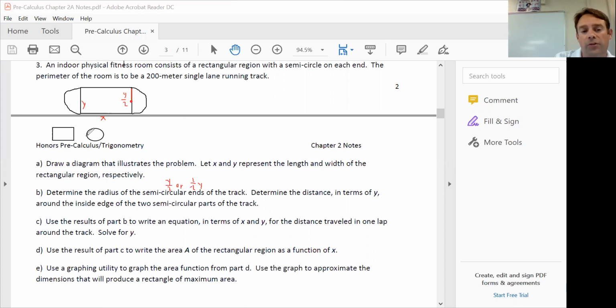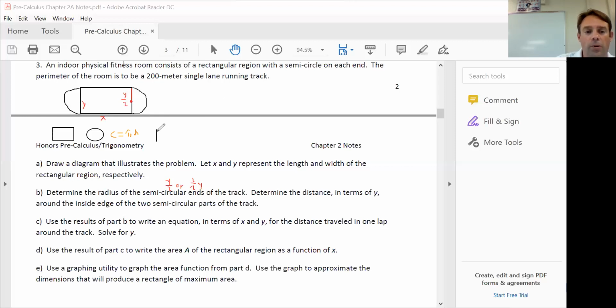The circumference of a circle is 2 pi r, otherwise known as pi times the diameter. Let me use that one instead. So my diameter is this y value. So my circumference of a semicircle is going to be half the length of a circle.